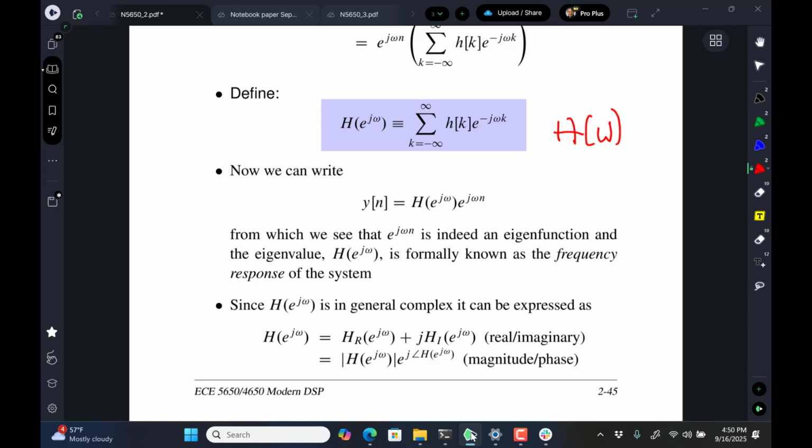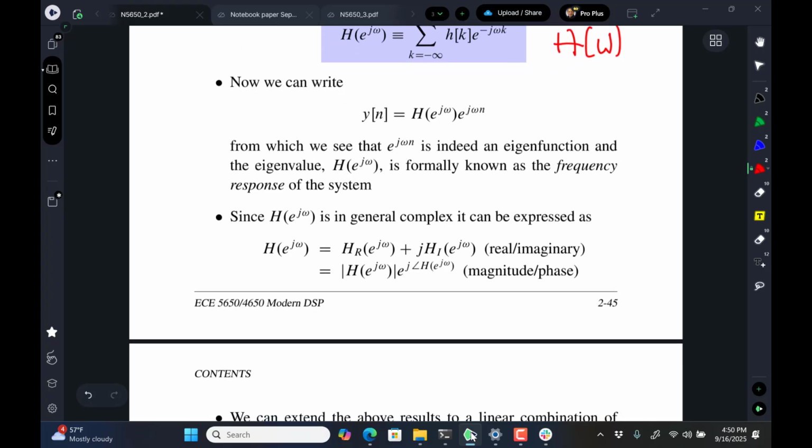And by putting e to the j omega, we know that we have a periodic function. E to the j omega means that omega is a modulo 2 pi function, and that gets emphasized here in a moment as well. That's just the notation.